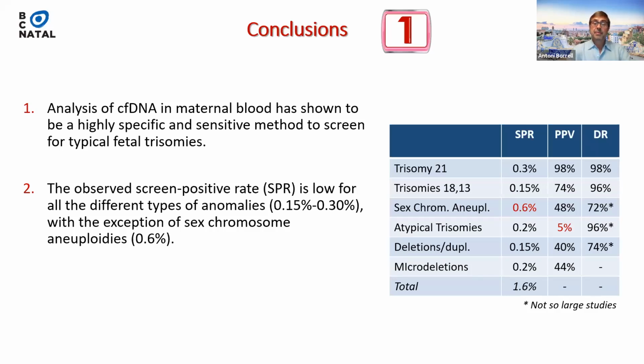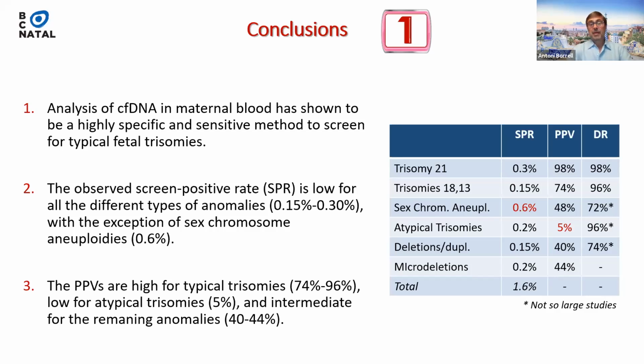types of anomalies, between 0.15% and 0.13%, with the exception of sex chromosomal anomalies that have a screen positive rate of 0.6%. And finally, the positive predictive values are high for typical trisomies, 74 to 96%, low for atypical trisomies, 5%, and intermediate for the remaining anomalies.